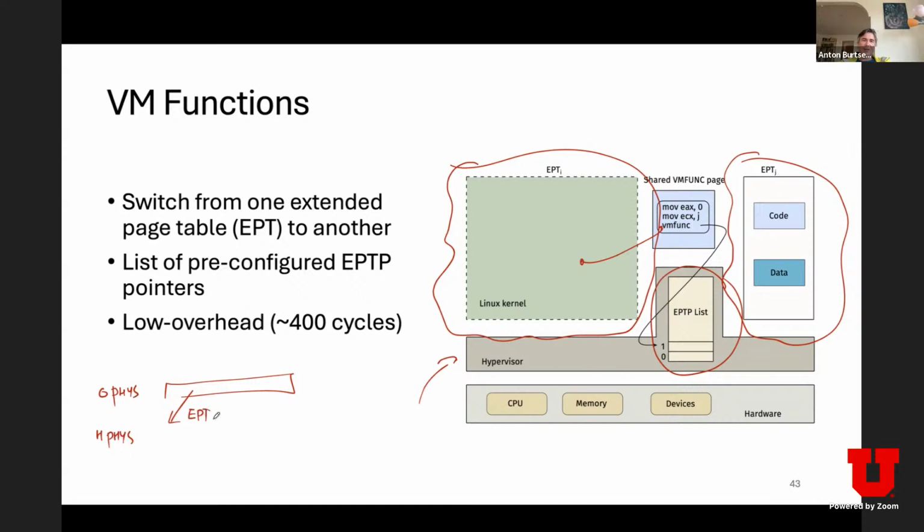So if you have two EPTs, EPT1 and EPT2, then by switching between them, from 1 to 0, you change the view of memory. Suddenly parts of your address space become inaccessible because they're not mapped by the EPT. Maybe this half was accessible to the kernel, and this half becomes accessible to the isolated driver.